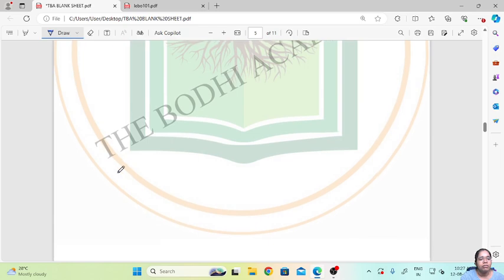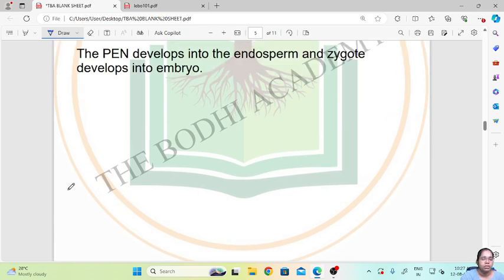So this is the phenomenon of double fertilization, wherein, if this is the embryo sac, okay, these are your antipodal cells, these are your synergids, this is the egg cell, okay, and this is the two polar nucleus.